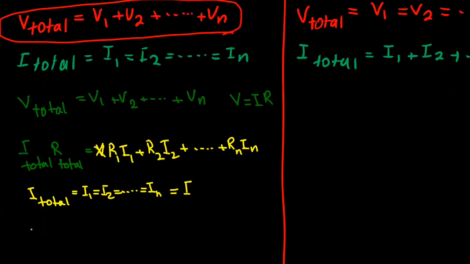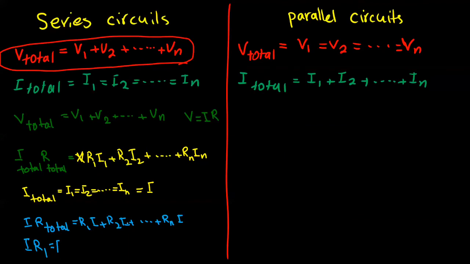So I write I times R total, then I rewrite it and I factorize I from here.